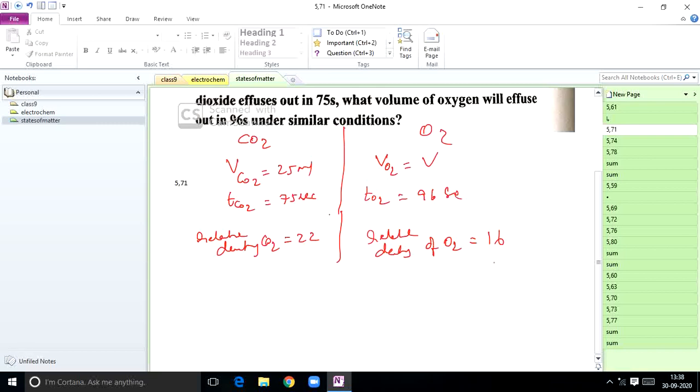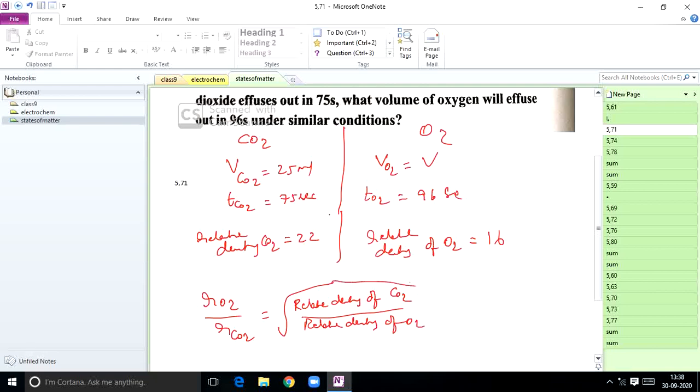So you know the formula. Rate of diffusion of oxygen by rate of diffusion of carbon dioxide is equal to square root of relative density of carbon dioxide by relative density of oxygen. Square root you have to take.